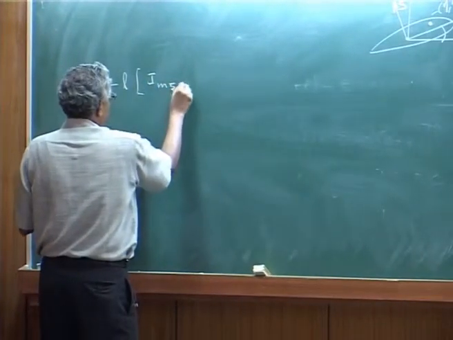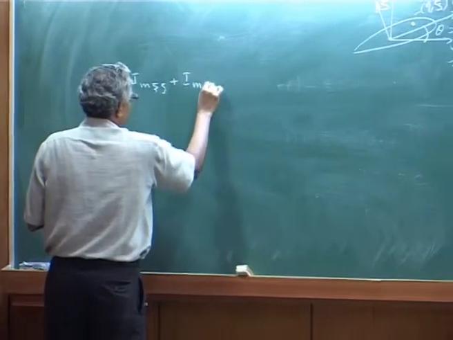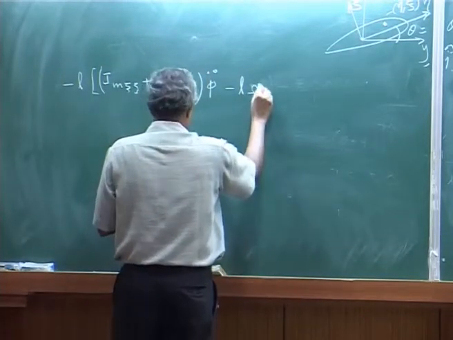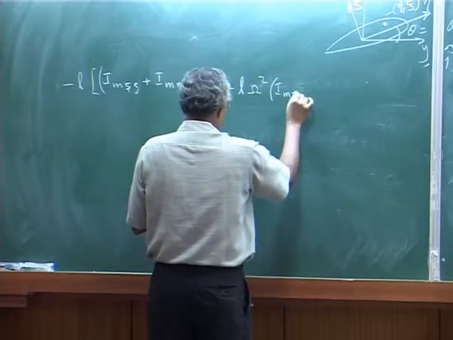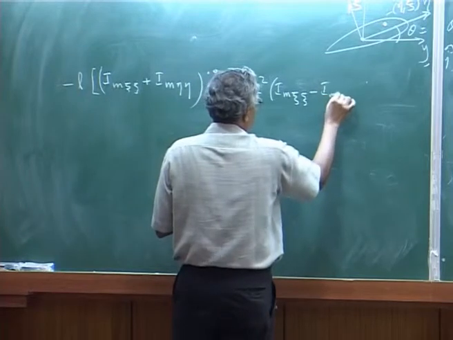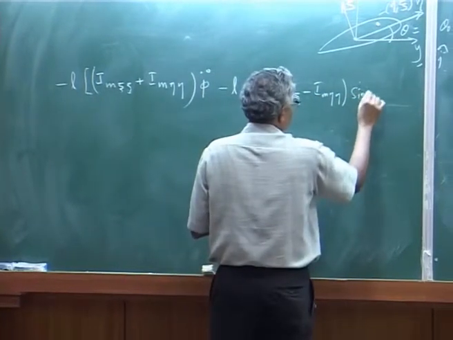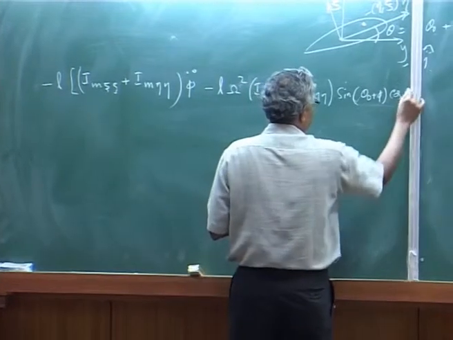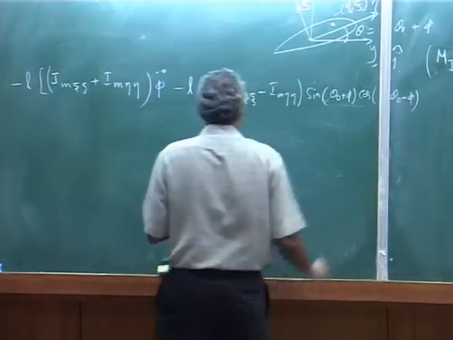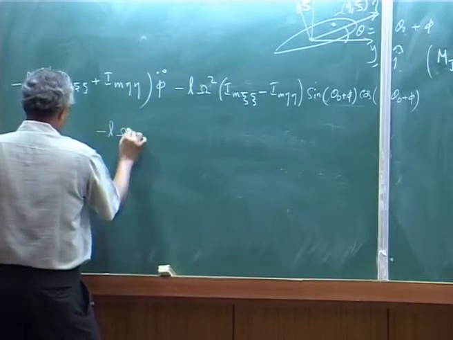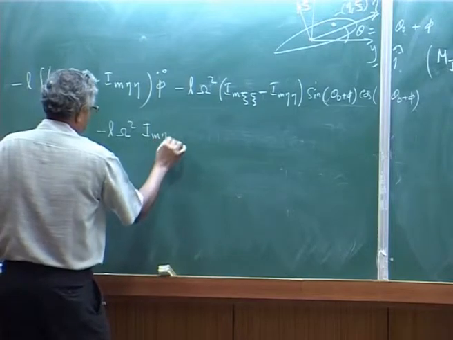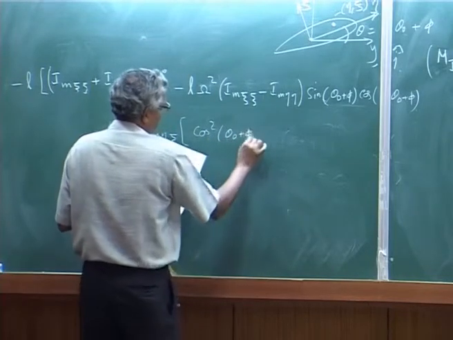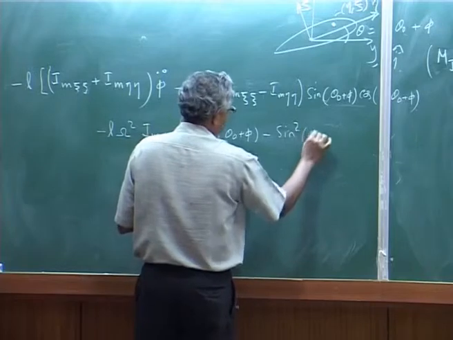I_m psi plus I_m eta, phi double dot, minus L omega square I_m psi minus I_m eta, sine of theta naught plus phi, cosine of theta naught plus phi, minus L omega square, same, I_m eta psi, cosine square of theta naught plus phi minus sine square of theta naught plus phi.